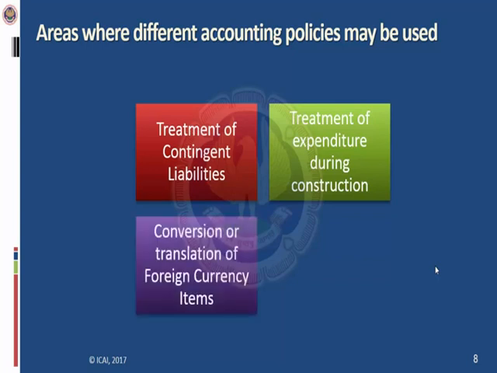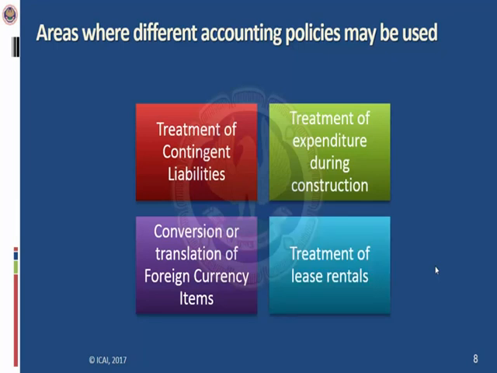Conversion or translation of foreign currency items. While framing accounting policy, the entity has to disclose the policy on conversion or translation of foreign currency items, that is, which rate the entity is using for conversion of monetary and non-monetary items, for balance sheet assets and liability related items, and income and expenses.